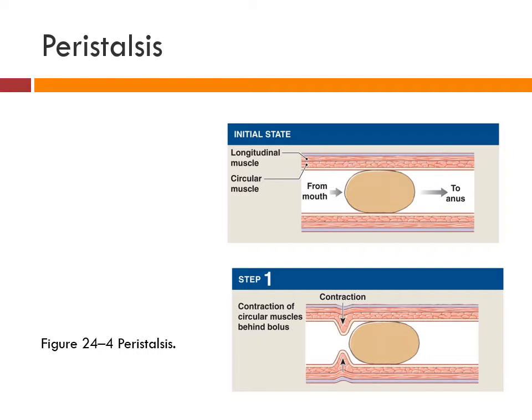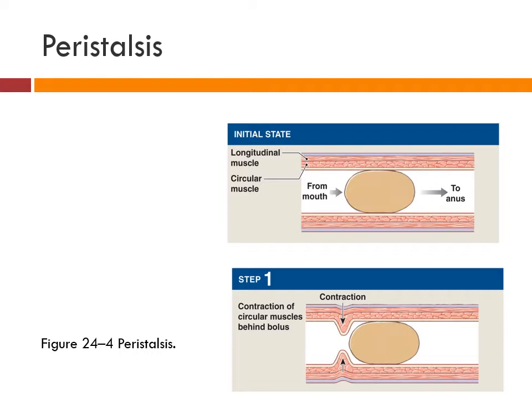It turns into a moist ball of mashed up food, and that's what you swallow. So once you swallow your food, it is now a bolus. And the muscular contractions push the bolus through the digestive system.